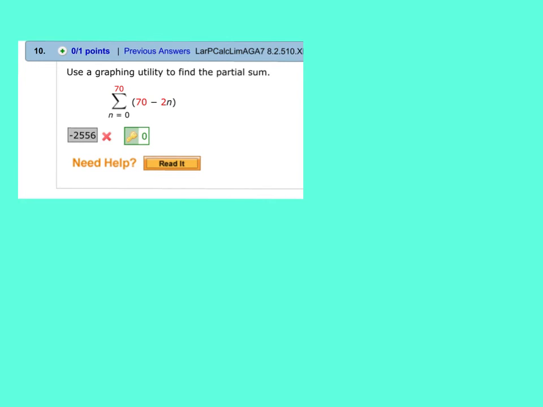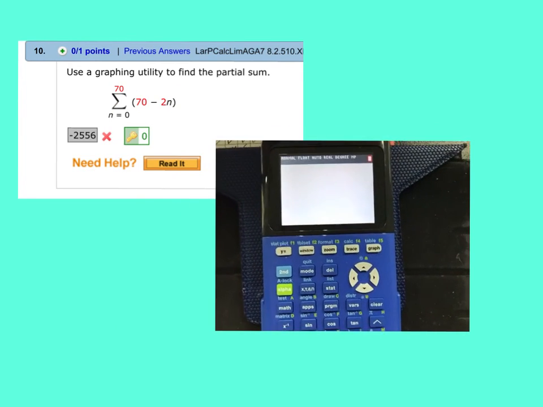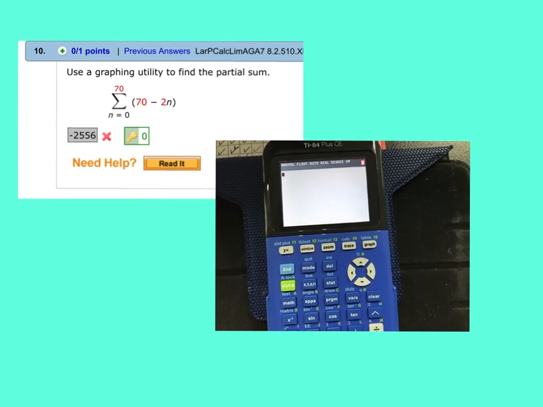All right, then number 10 said use a graphing utility to find the partial sum. So I'm going to show you how to use it with the graphing utility, and then we'll do it also. You could do this one by hand. Okay, so this is using the graphing utility.